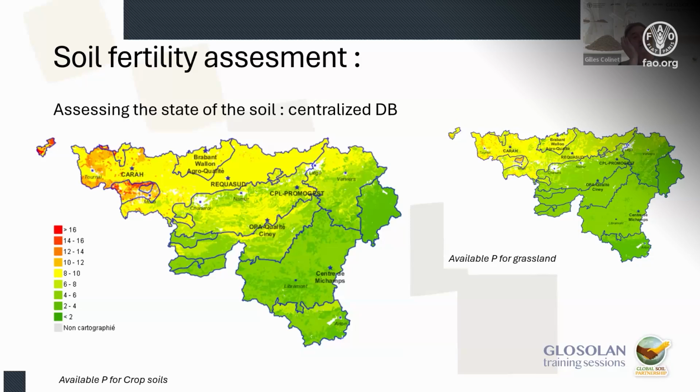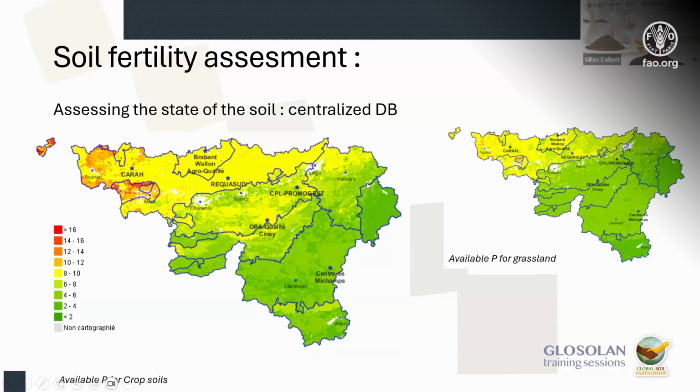With the fertility assessment, it's important to be able to make regional assessments. And so that's also how we built our reference values. We have gathered, for many years, the results of analyses by the various laboratories that work with us.